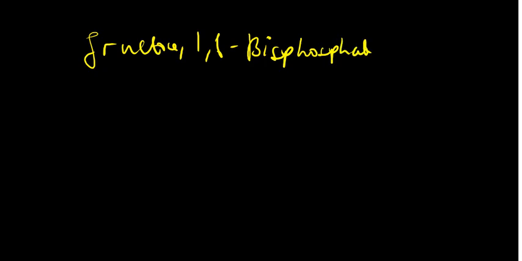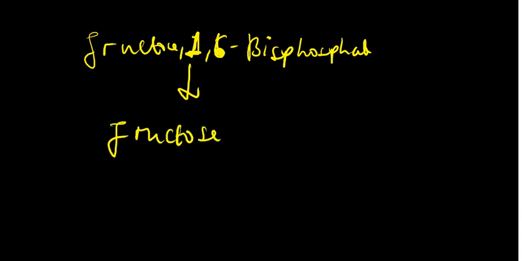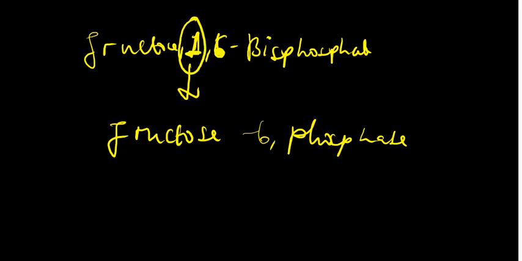undergoes dephosphorylation, meaning a phosphate has to be removed. Remember, we have phosphates at carbon number 1 and carbon number 6. For us to have fructose 6-phosphate, which is the intermediate, it means the phosphate on carbon number 1 has to be removed.